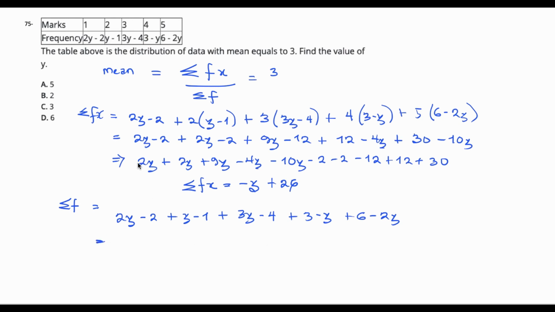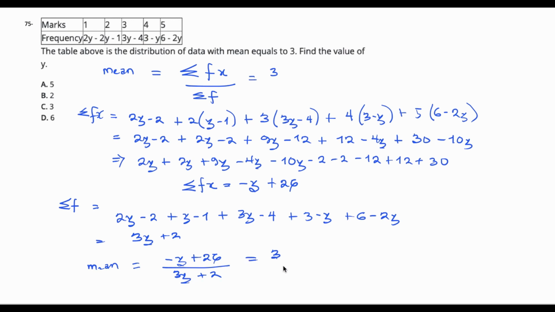And if we evaluate that like we've done before, we'll get 3y plus 2. So now our mean is equal to summation of fx here, which is minus y plus 26 divided by 3y plus 2. And this is equal to 3, mean of 3, as we have been told.